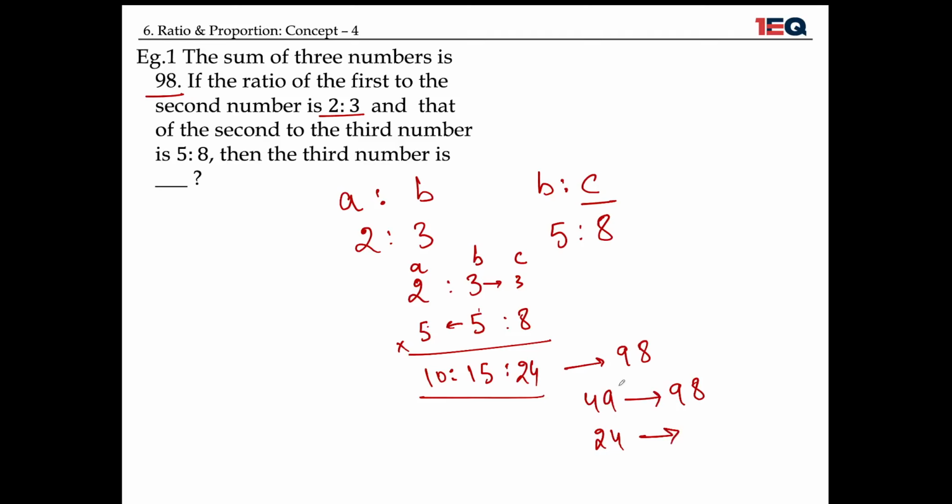To make 98, 49 had to be multiplied by 2. To make out the value of 24, we need to multiply it by 2, and the final outcome would be 48. Okay, I hope that's very, very good. Let's move on.